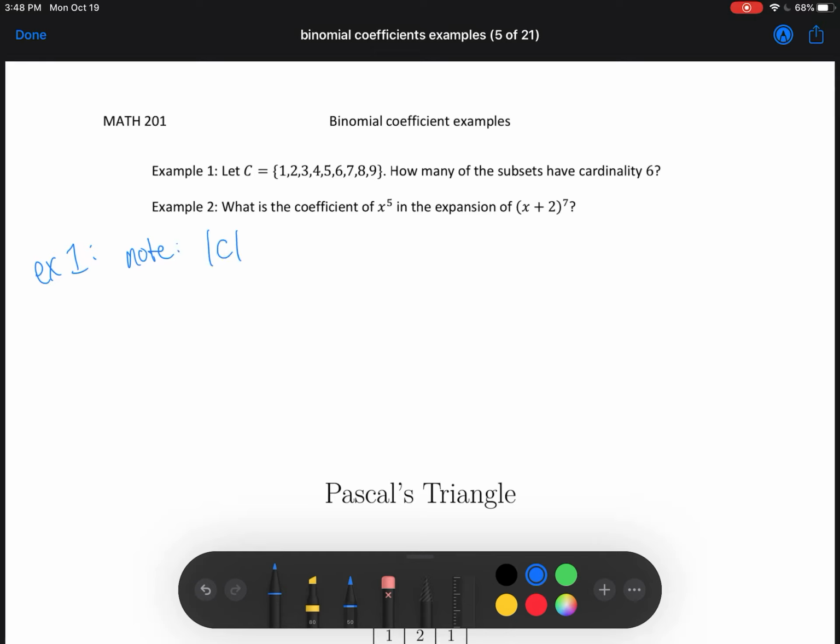So first thing we need to note is that the cardinality of C is equal to 9. There are, of course, 9 elements, 1 through 9, and this is going to be our value of n. Now remember, one of the things that the binomial coefficient, which is n choose k, tells us is the number of subsets of size k. So this is the size of subsets, and this is the cardinality of the set.